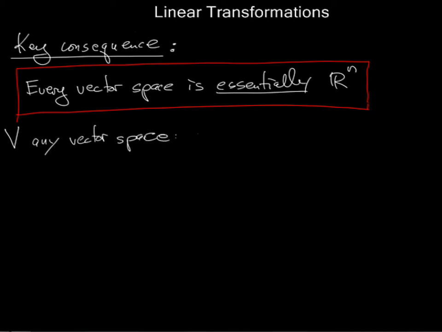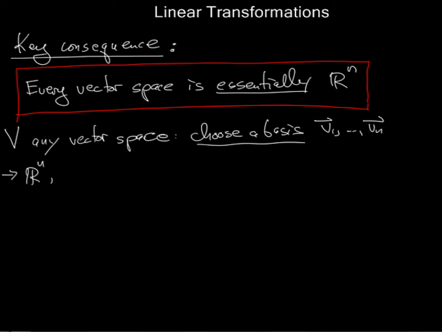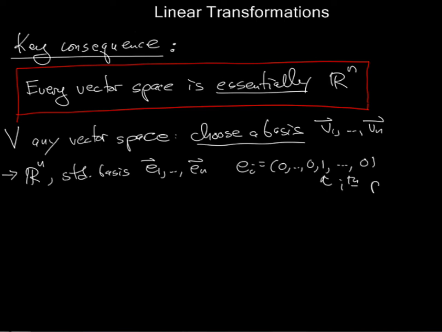So suppose I have a vector space V. I can choose a basis of it, so let's say V1 through Vn. And now take the usual vector space Rn with its standard basis E1 through En, where as usual Ei is the vector with the 1 in the ith place.